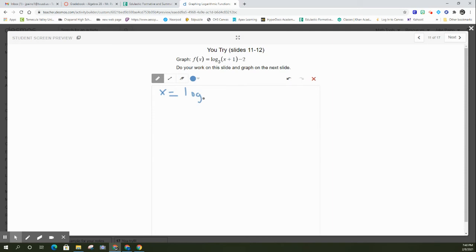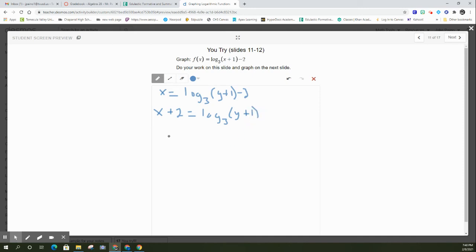And if you know the pattern of how to do this quicker, you can. Okay, so y plus 1 minus 2. I'm going to add 2 first. So I get x plus 2 equals log base 3 of y plus 1.